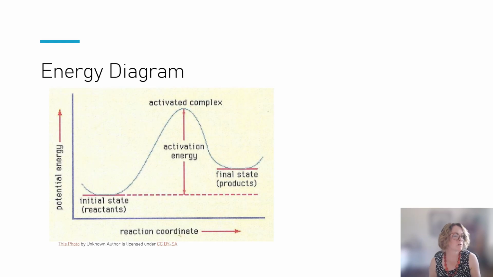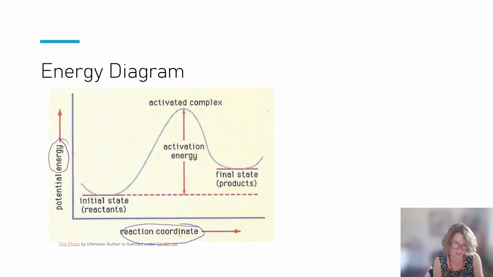The next thing to talk about in our discussion on energy is an energy diagram. A little bit later, we are going to have you identify all the different pieces of an energy diagram. First thing I want you to point out is we always have energy on the y-axis.